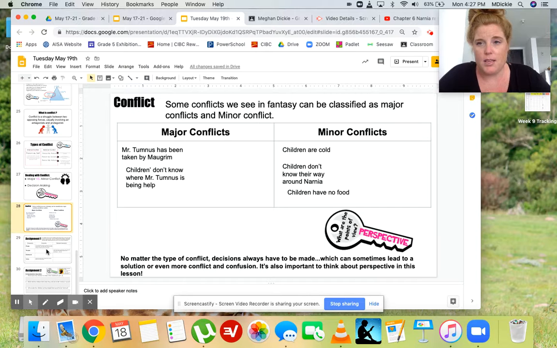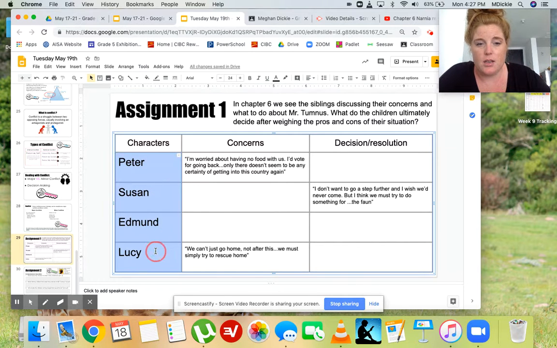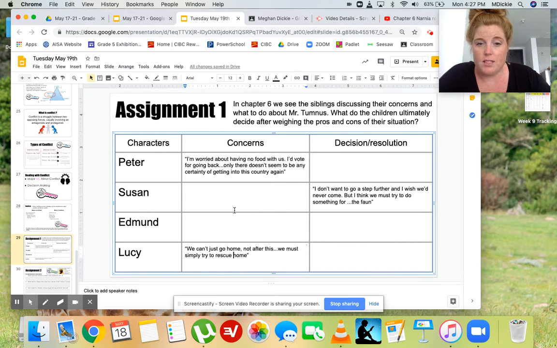So I just reviewed the major and minor conflicts that they've had. And then we saw a big debating going on in chapter 6 between the siblings. So here's your assignment for today, assignment number 1. Here are the 4 siblings: Peter, Susan, Edmund, and Lucy. So in that chapter 6, all of them have expressed their concerns about whether or not they should go and save the fawn.